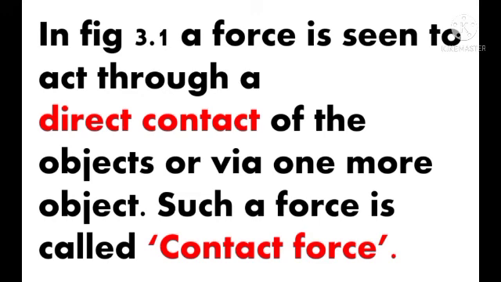So, force is seen to act through direct contact of the objects or via one more object. Such a force is called contact force. Students, what is contact force? When there is direct contact between objects, such a force is called contact force.